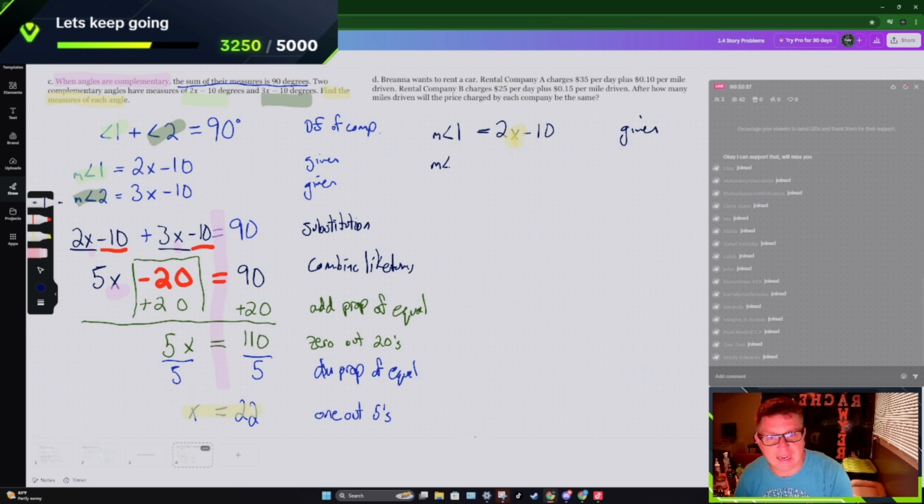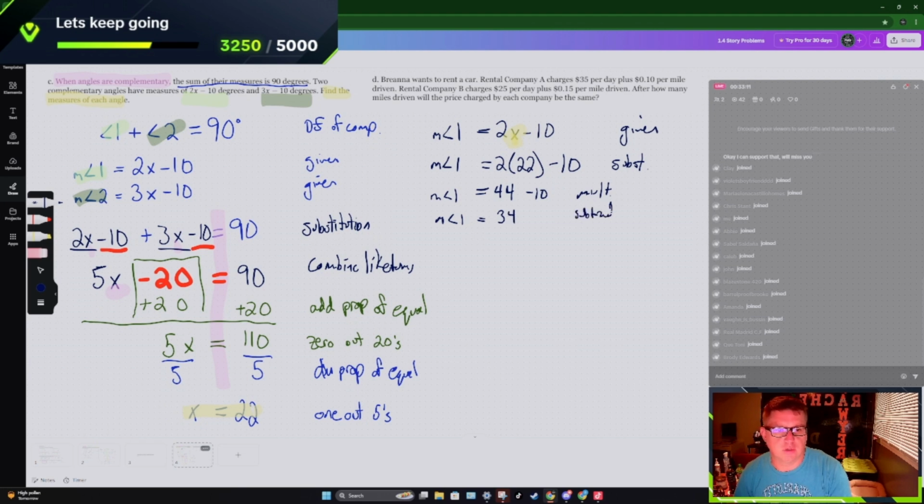So now I can take the measure of angle 1. I can do 2 times 22, subtract 10 from it. Oops, that's not given. That should be substitution. And actually get what the measure of angle 1 is. You don't have to do this, but I did multiplication, then subtraction.